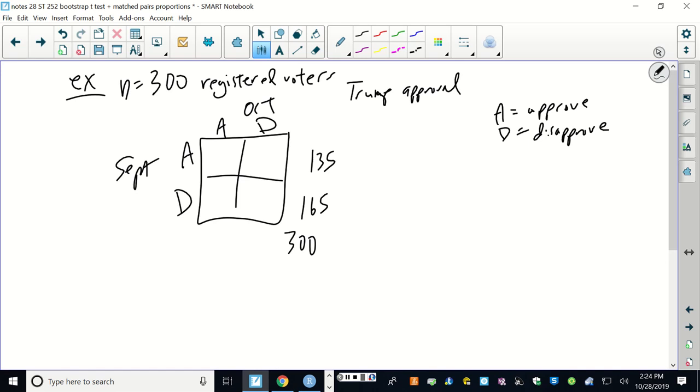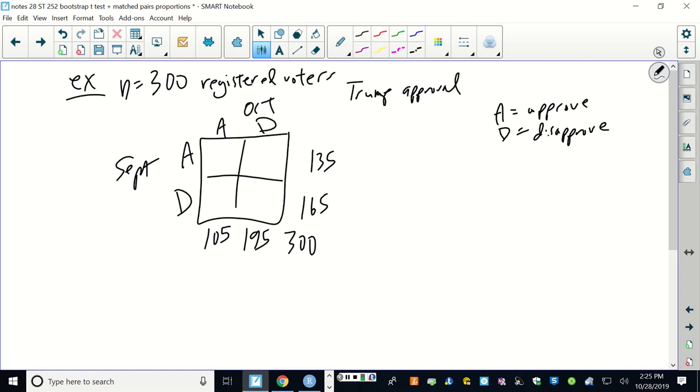Some people probably respond that they don't know or don't want to tell you, but in any case. And then let's say that in this case it's dropped. There's all this affair, the impeachment hearings and all that. So that would be dropping to 35%. And these are the margins, but they're correlated proportions.